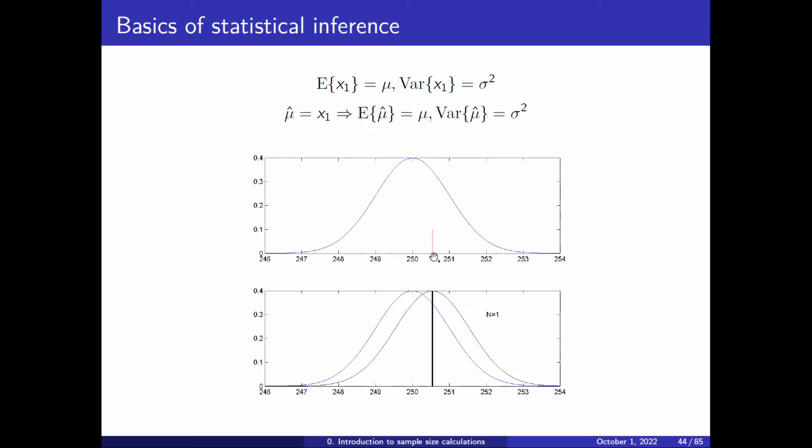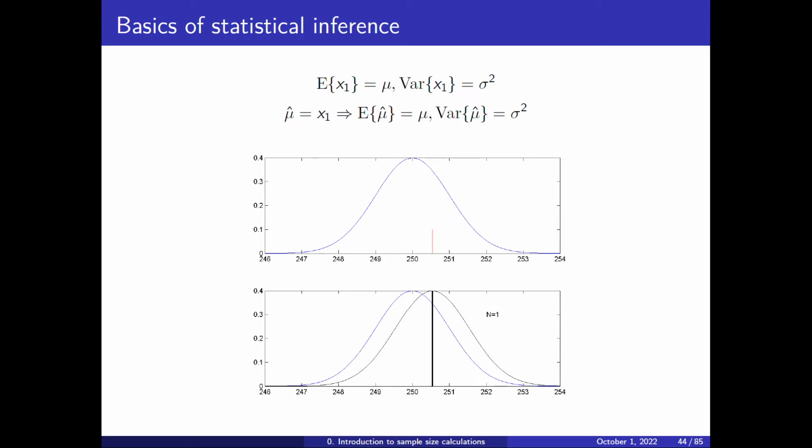I get this one, and I could have obtained any other one in this range. The expected value of a single tablet should be mu, so 250, if the machine is working fine, and the variance of this observation should be sigma squared, that is the variance of the machine.